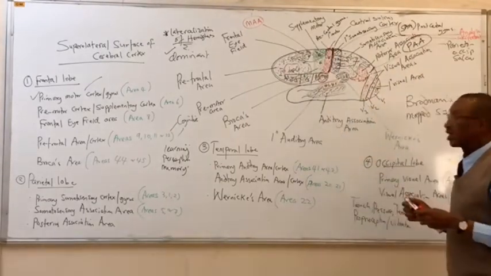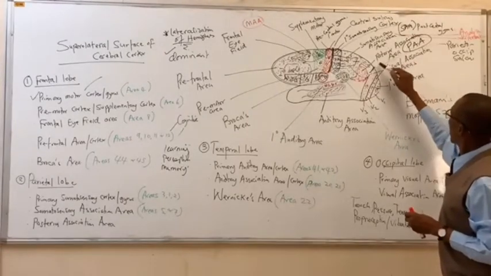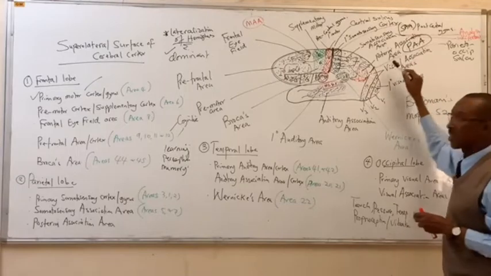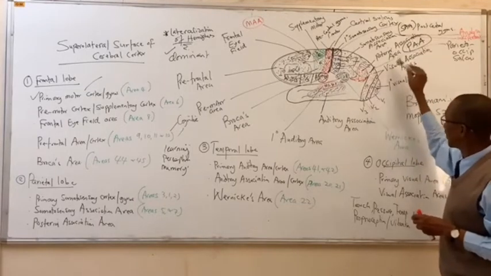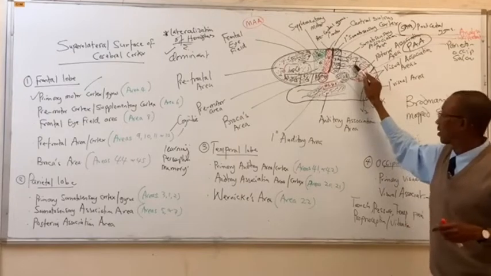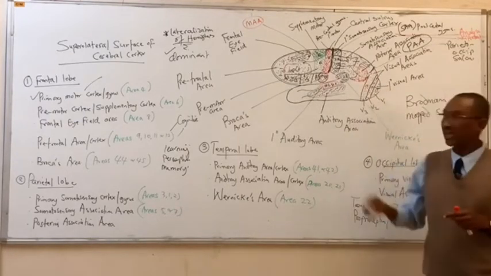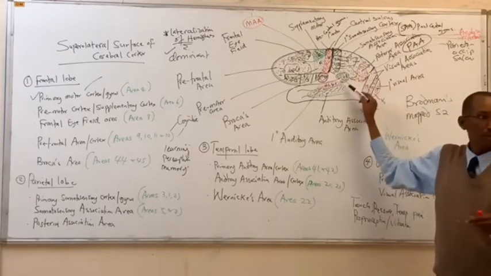You get it? So now we know that we have the posterior association area. If you can see, it is in between the parietal lobe, occipital lobe, and also the temporal lobe. So it's a sandwich between the three lobes or cortices.